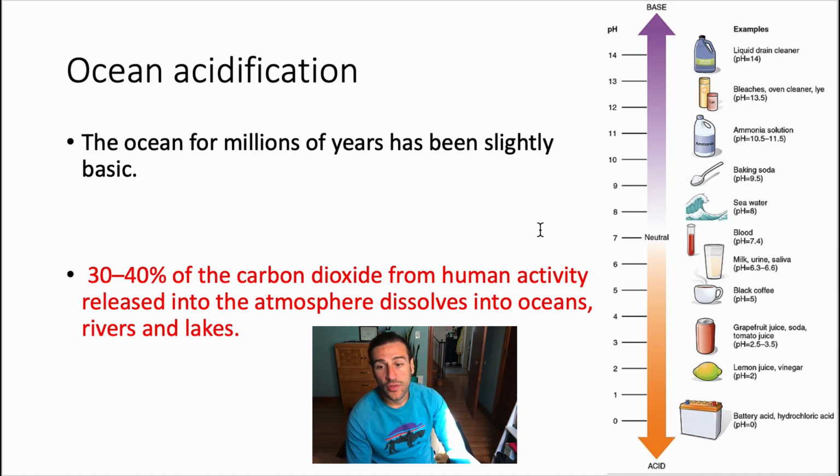So the oceans have historically been slightly basic, but in present day times, they're actually increasing in acidity. So the pH is actually decreasing in the oceans. 30 to 40% of the carbon dioxide from human activity is released into the atmosphere and then dissolved into the oceans, rivers, and lakes.